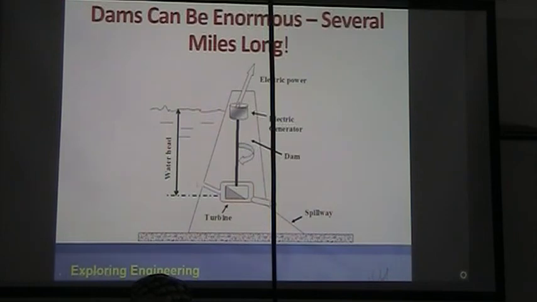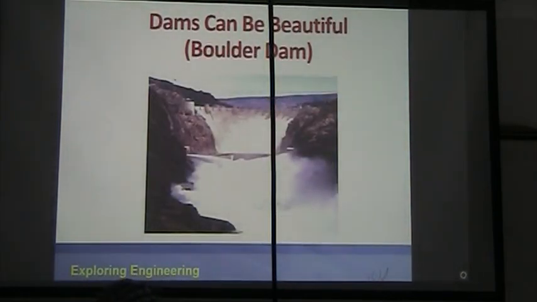We have the water here, it comes into the turbine here, turns the blades, which turn a generator, and that makes our electric power, right? And then the water goes out and continues down the river. All right, so this is Boulder Dam, and you can see it's a very impressive construction.